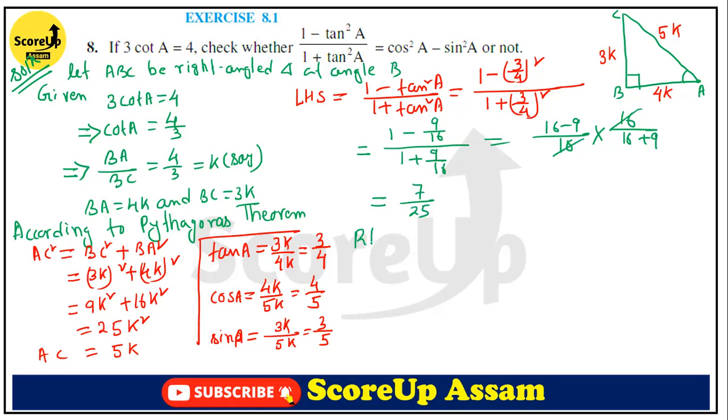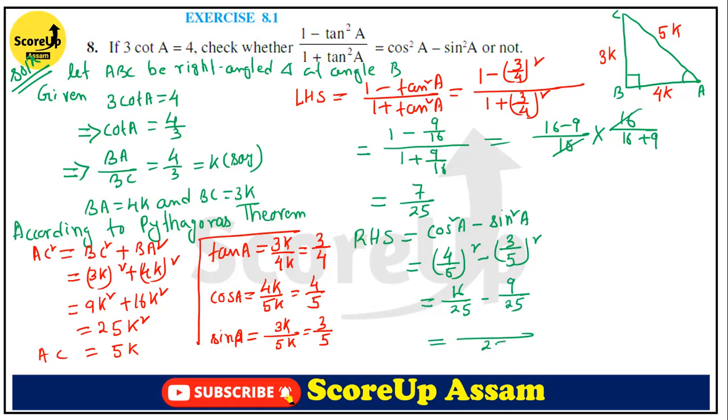Now RHS. What is RHS? Let's check the value of RHS. Now RHS is cos square A minus sin square A. Now the value of cos A is 4 by 5, cos square, and value of sin A is 3 by 5, sin square. So it will be ultimately what? 16 by 25 minus 9 by 25. Now LCM is 25.